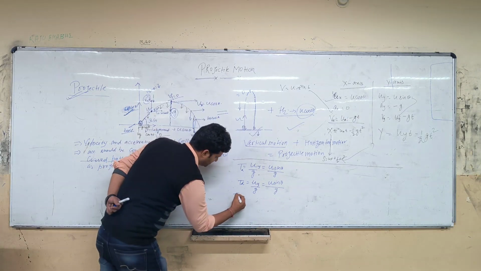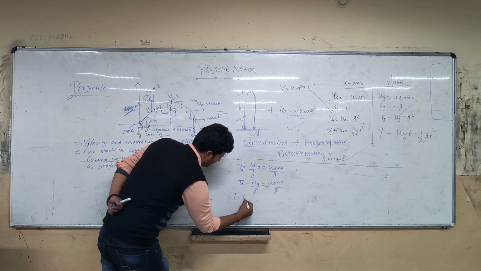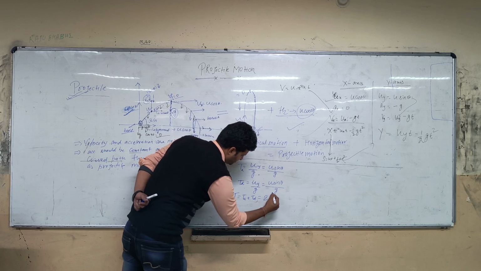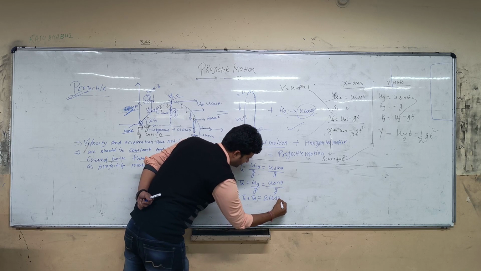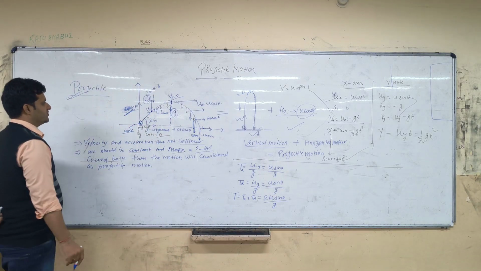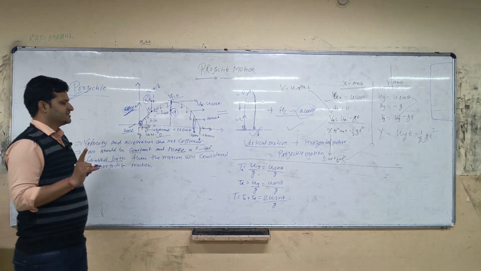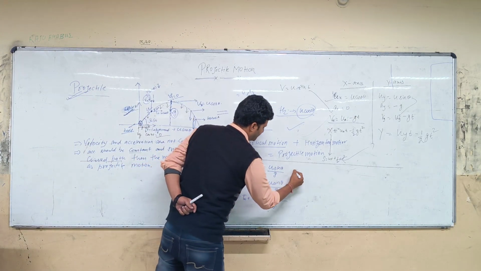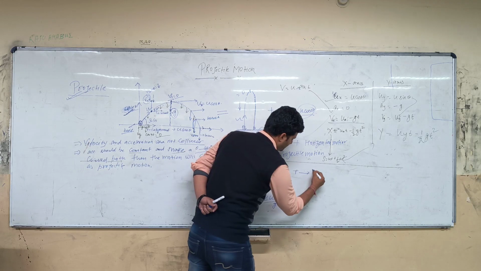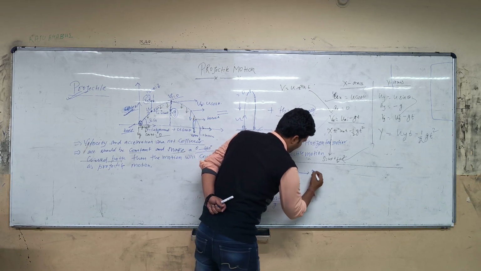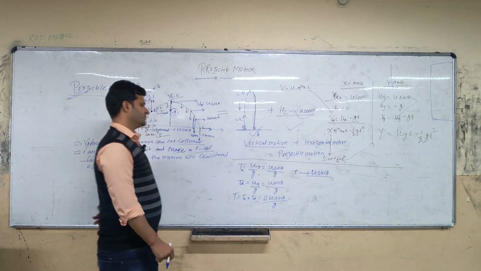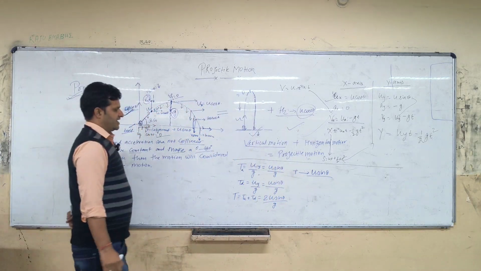Combining together, t ascent plus t descent, we get the value 2 times u sin theta upon g. So the important thing is that time of flight basically depends upon the vertical velocity, that is the u sin theta component.